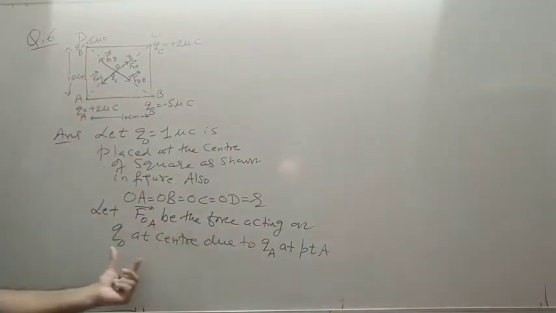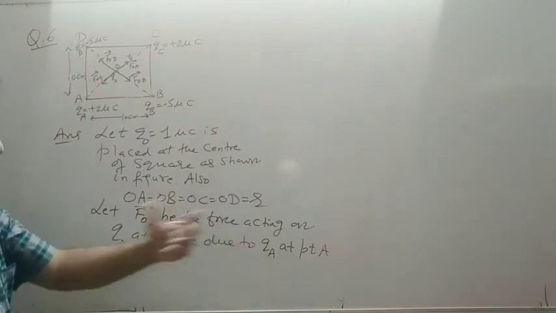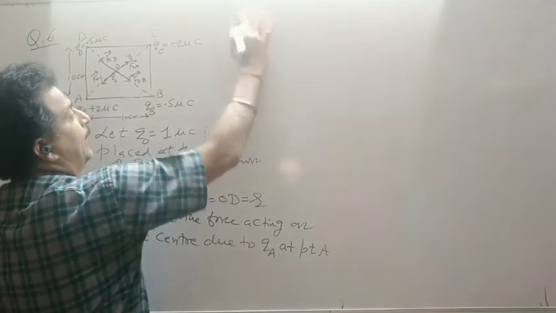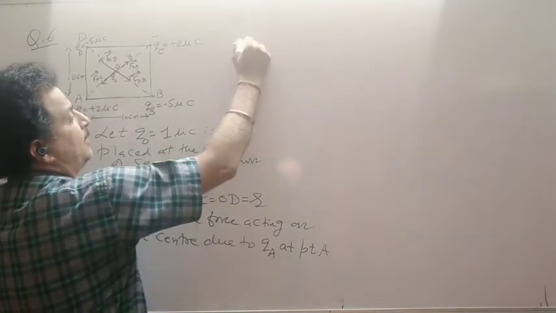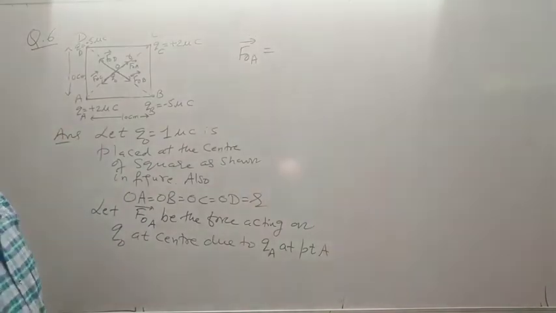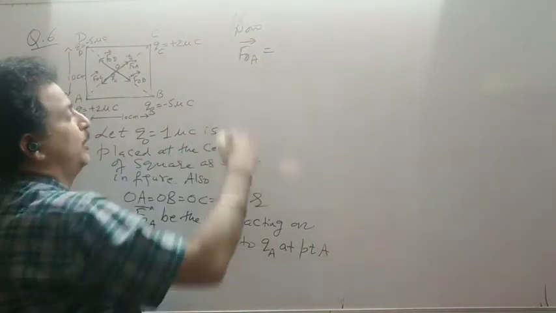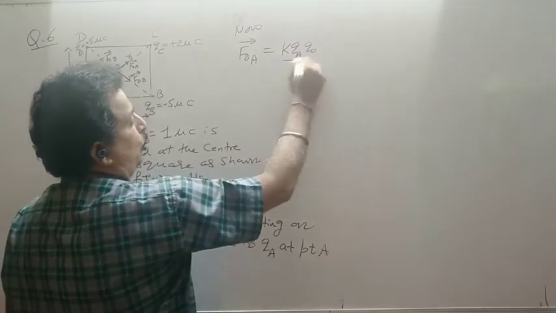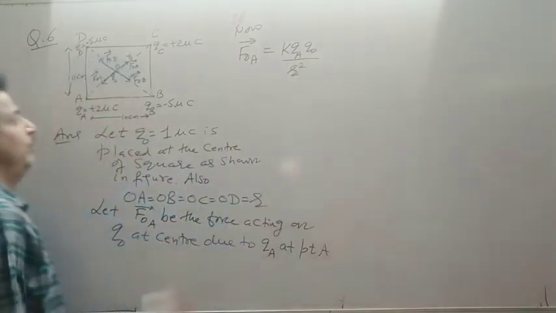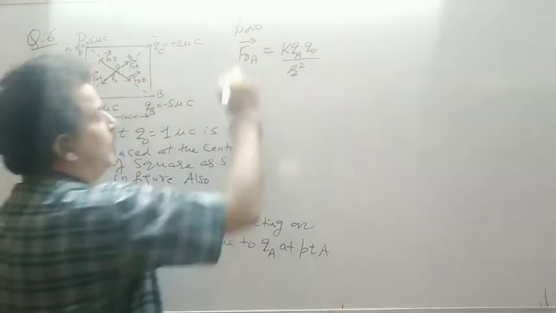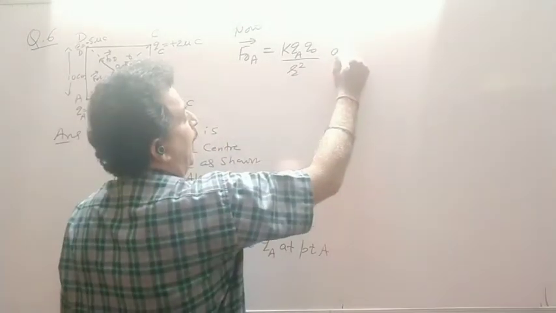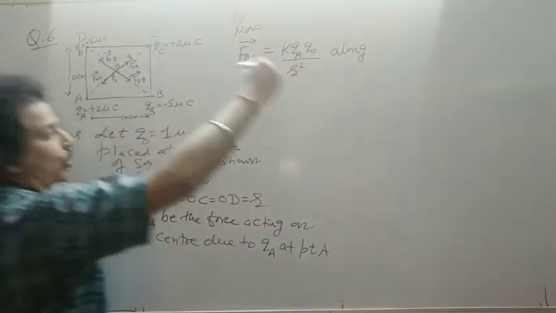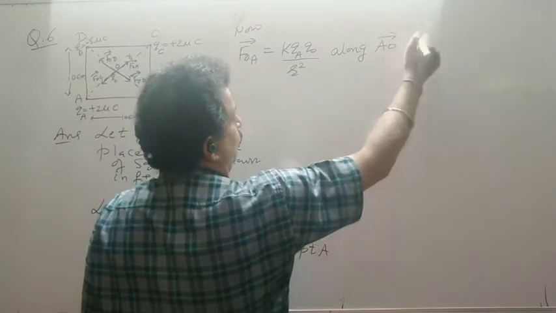So this is the force acting on Q naught at the center due to QA at point A, and F naught A is equal to, now F naught A should be given in magnitude as well as direction. So magnitude is K QA Q naught upon the distance between A and O, which is taken as R squared, and because I kept a vector sign, the direction is from A to O or towards C, so along AC. This is equation 1.